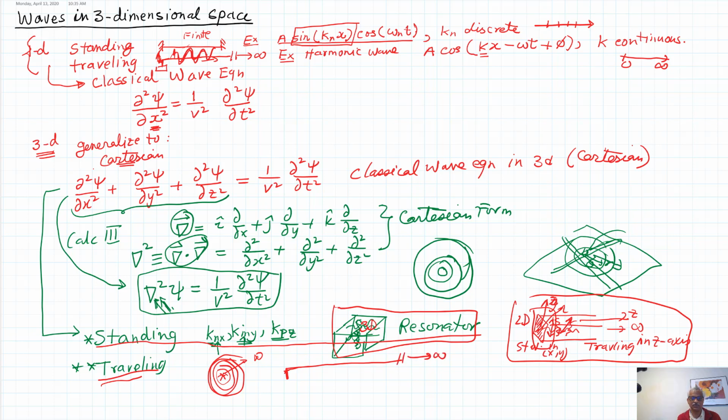And this one is going to infinity in all 3 directions, so this is a 3-dimensional analog of this guy, which we had in 1 dimension. This guy was emanating and the wave was going in just 1 dimension. So this is an example of a 3-dimensional wave.